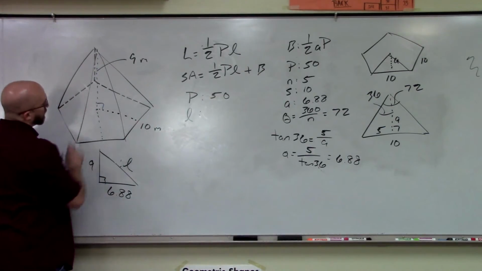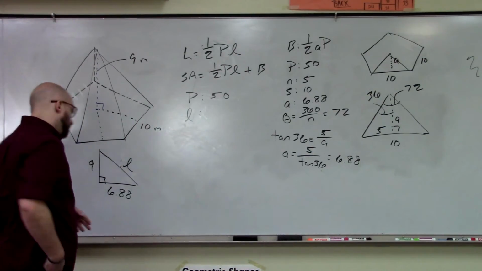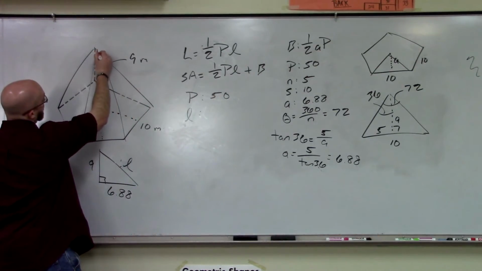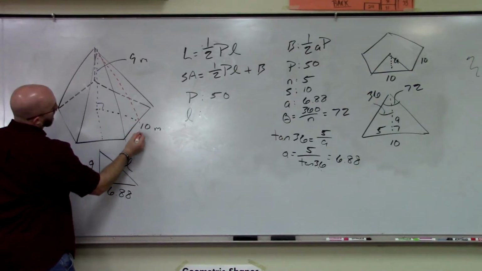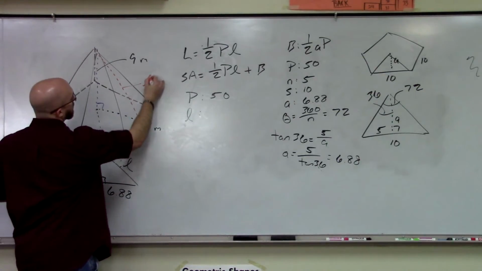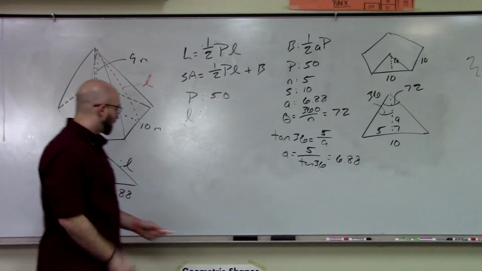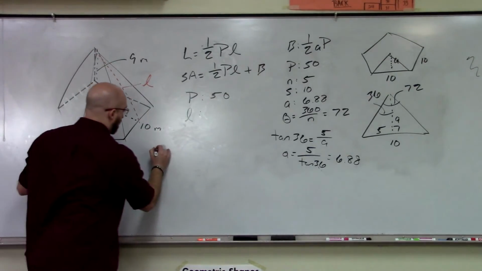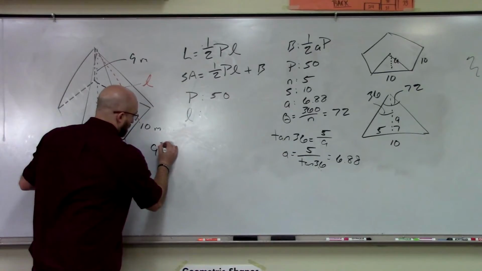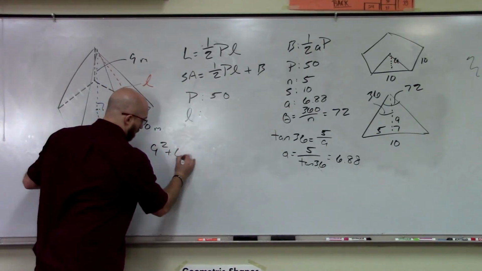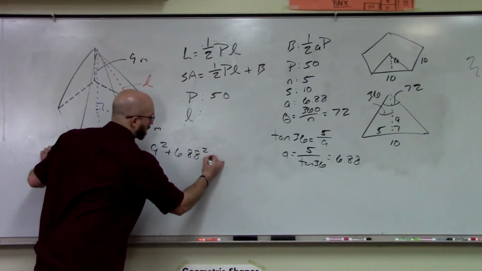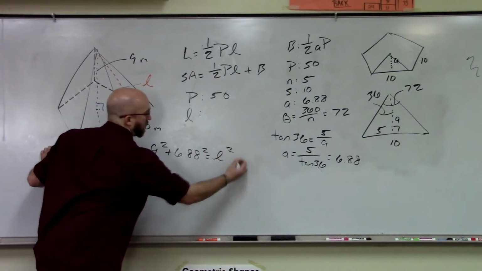That's this, and what we want to find, hopefully orange shows up for you guys, is that. This little orange line, that's our L. See, it's on the side of it. Okay, so that means we need to go 9 squared plus 6.88 squared equals L squared.